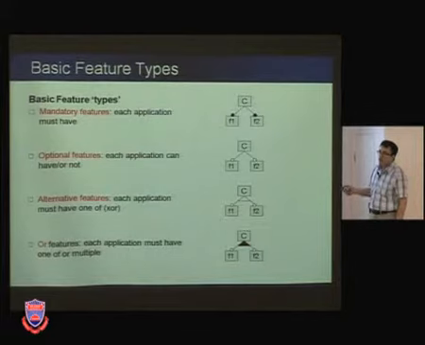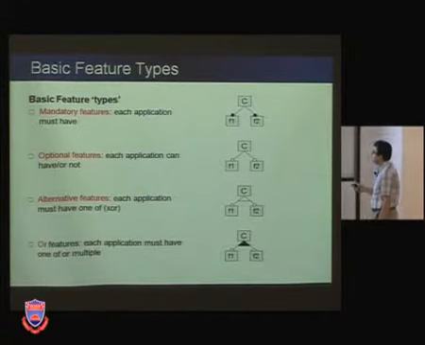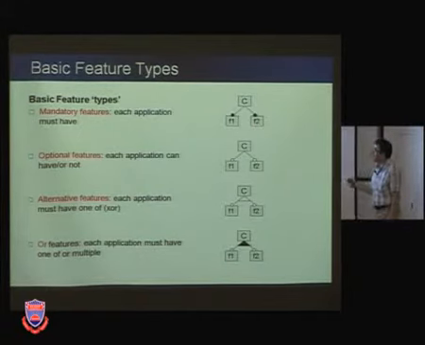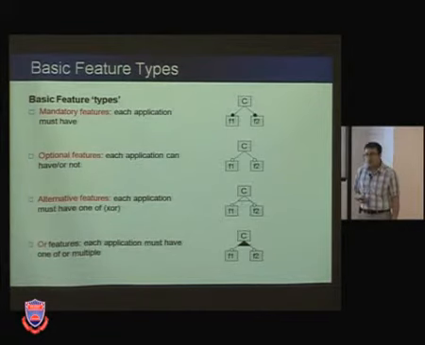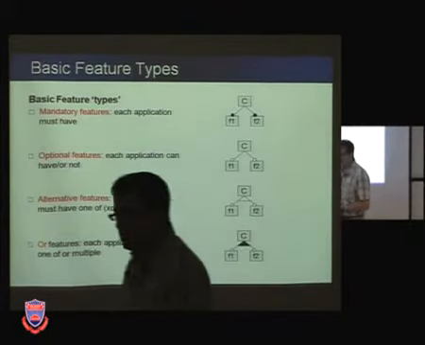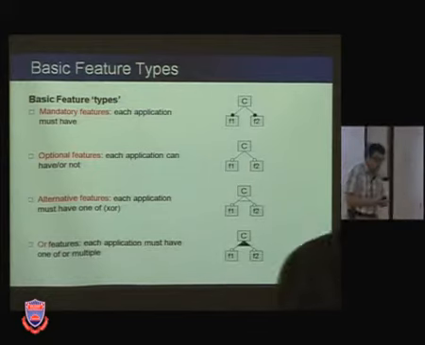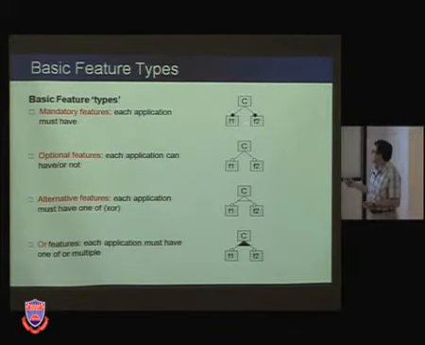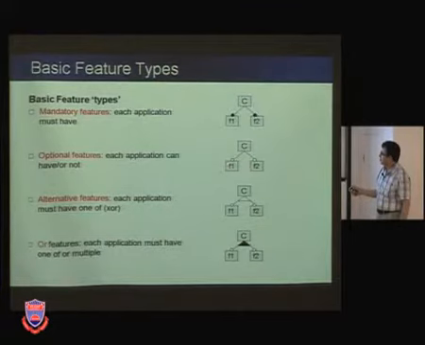At the top, you define the concept, monitoring system, insurance system, and you can have features. You can have mandatory features, which define that every application that you are going to develop should have these features. You represent them like this, as a closed bullet. Optional features, so open bullet.